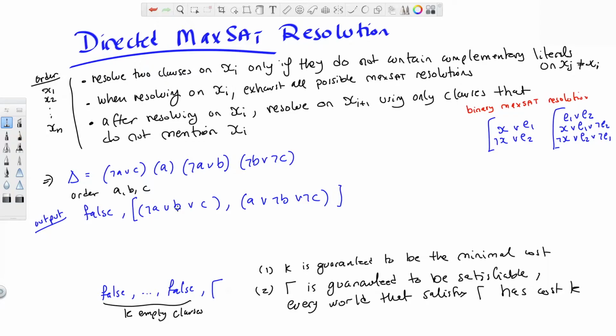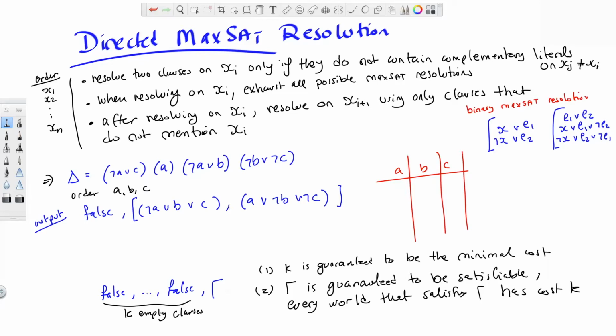In fact, if you look at the table, and that is shown in your chapter, if you look at the table over the variables A, B, C, you're going to find that there are basically 6 instantiations that satisfy these 2 clauses, 6 out of 8, and all of them have a cost of 1.